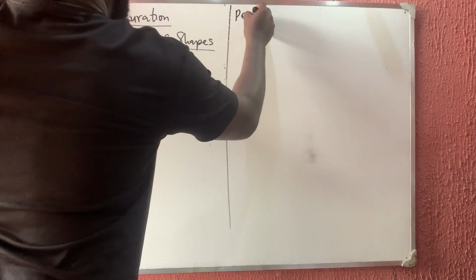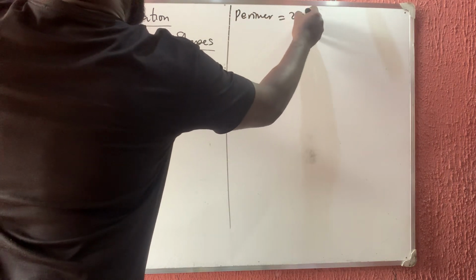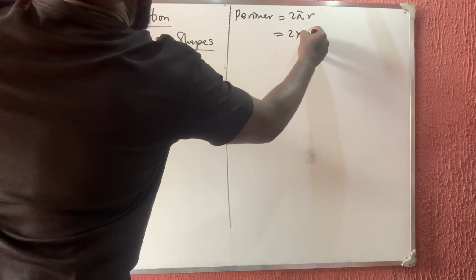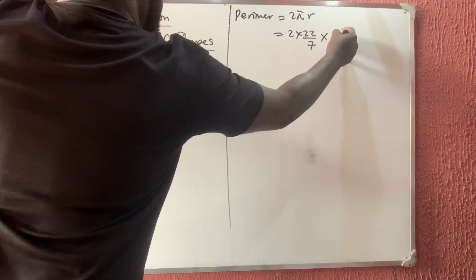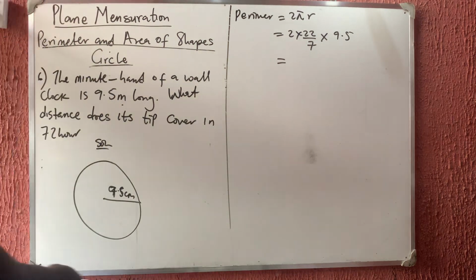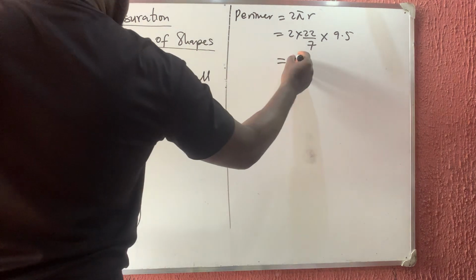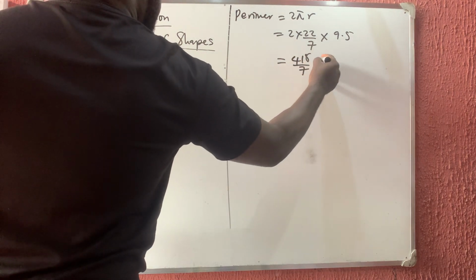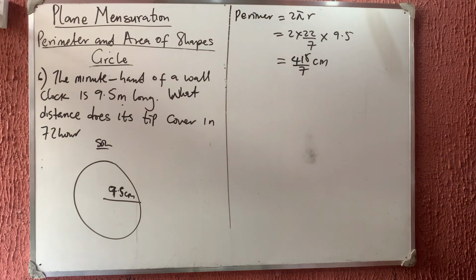So the perimeter is 2 pi r, which is 2 times 22/7 times 9.5. If you do that, I'm going to have 2 times 22 times 9.5 divided by 7, which is 418/7 cm.